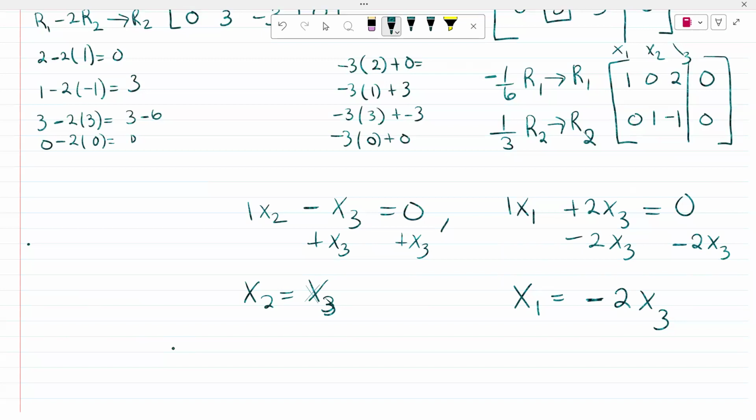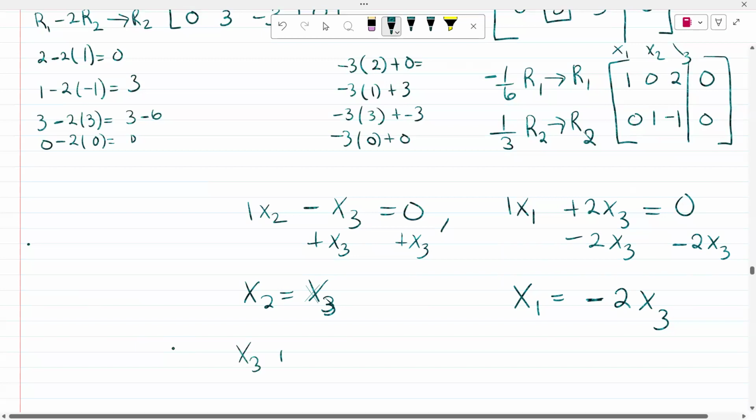Since x2 equals x3, you could say that x3 is a free variable. And this just proves that the solution is infinitely many.